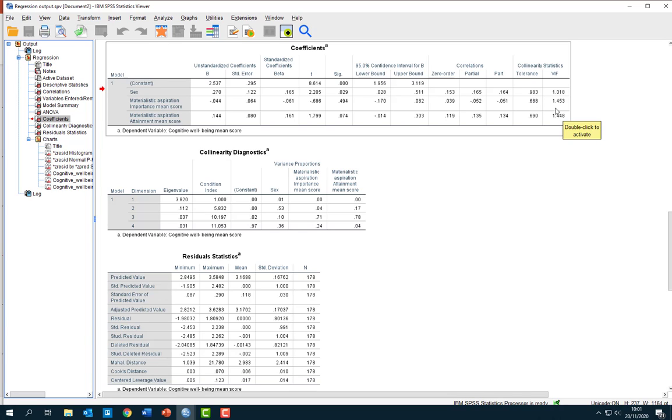One of those ways might be, as I said, to try and mean center all the continuous variables. That can help. If that doesn't work, then it can be a case of perhaps developing some sort of composite score. So it might be that actually we could multiply the importance by the attainment in some way and create a product term, so we only have one variable that we would enter that would be meaningful.